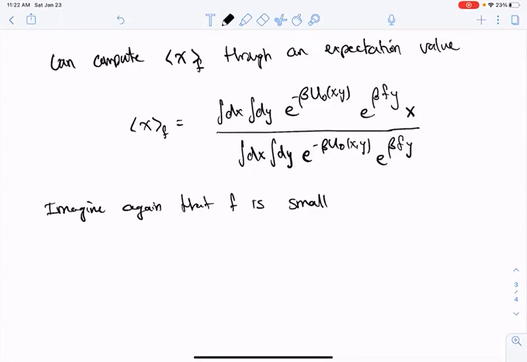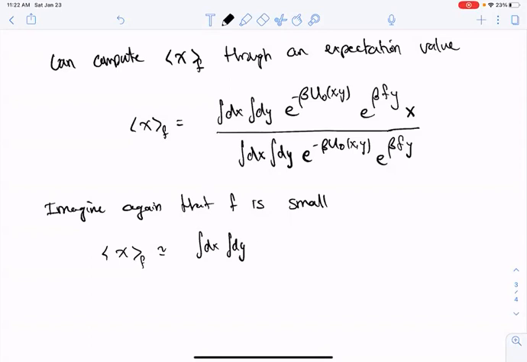If f is small, e to the beta f times y, if everything in that argument is small, then I can Taylor expand the exponential. E to the x for small x is 1 plus x. I know how to Taylor expand it, so let's carry that out. So approximately the expectation value of x in the presence of f, everything lies under these two integrals.